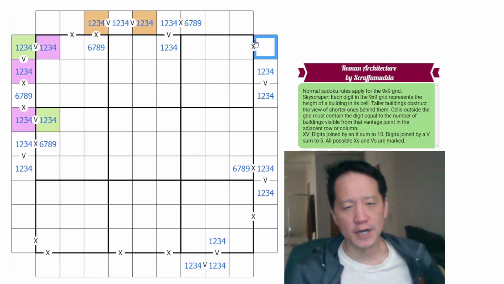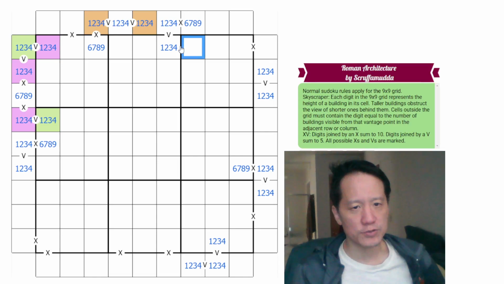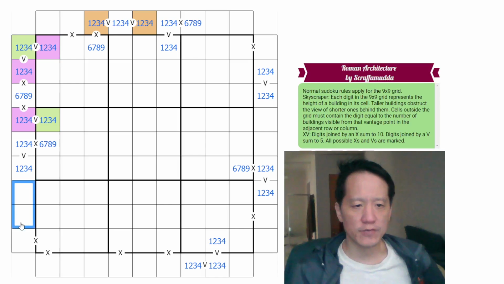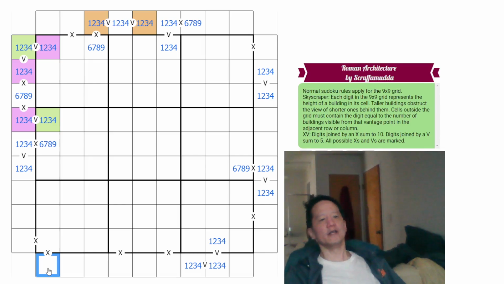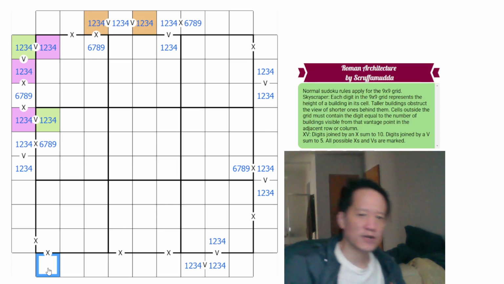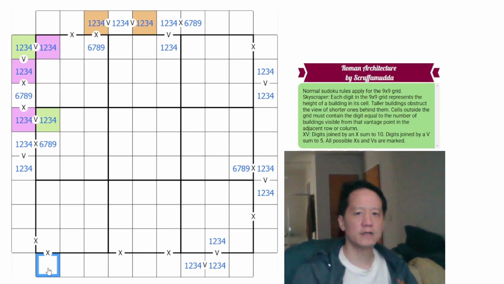So if you see 9, it would be obviously 1, then 2, 3, 4, 5, 6, 7, 8, 9. So one thing is, we know none of these can be 9 that do not have an X next to it. And they can't be 1 either if they don't have an X next to it, right?